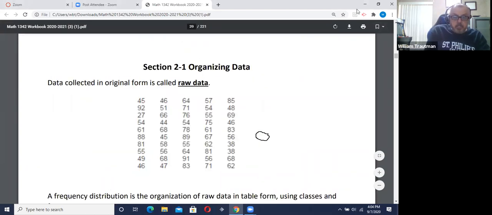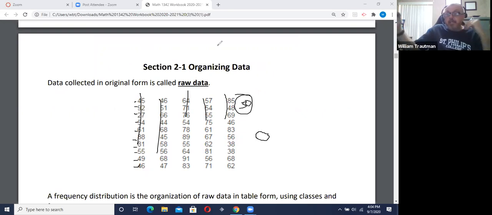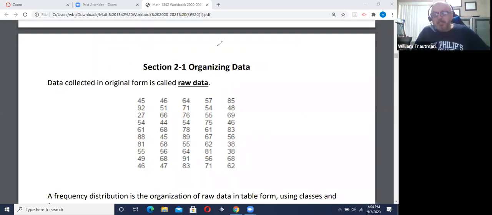If you look here, 1, 2, 3, 4, 5, 6, 7, 8, 9, 10, and there are 1, 2, 3, 4, 5. 5 times 10 is 50. There are 50 pieces of data here. So if you added up all your tally marks and ended up with 48, and you see you have 50 pieces of data, somewhere you went wrong. You skipped a couple of pieces of data.